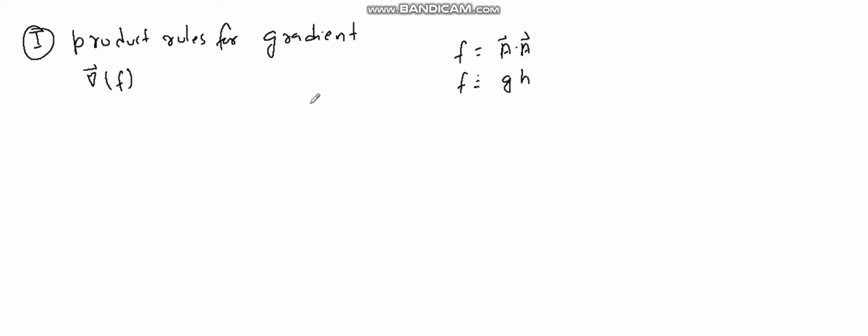So first of all, we will see this first product rule. Del of g h is equal to g times del h plus h times del g. So we will see the proof of this.